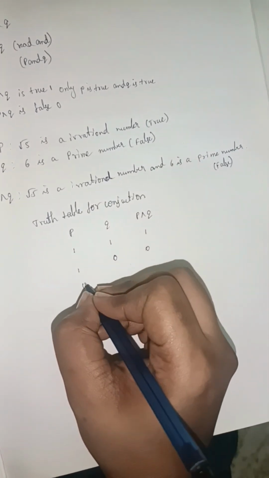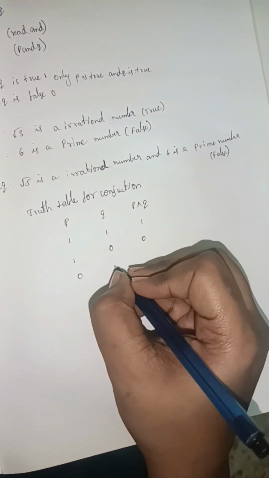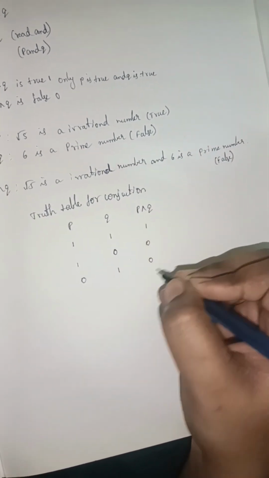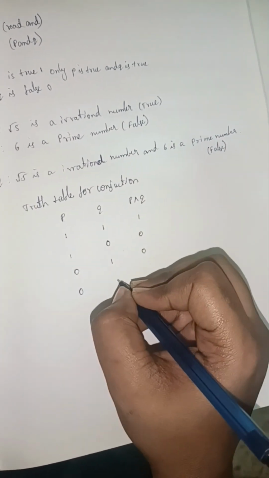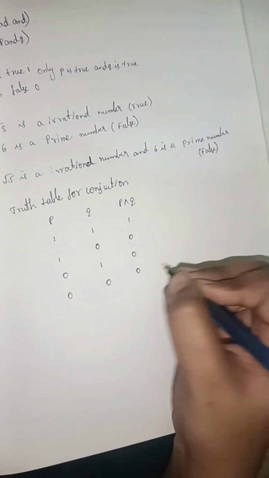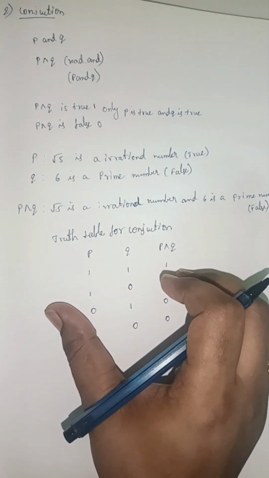If P is false, Q is true, then P and Q is also false. P false, Q false, P and Q also false. This is the truth table of the conjunction.